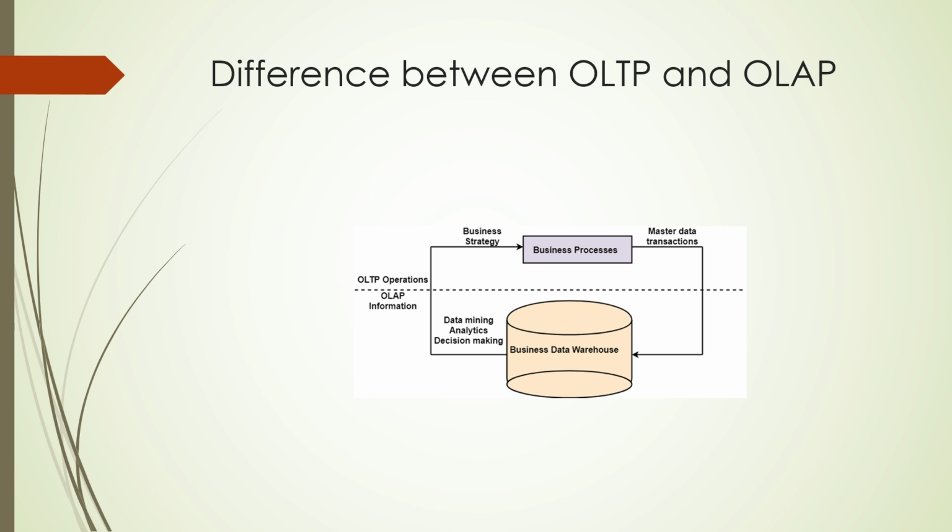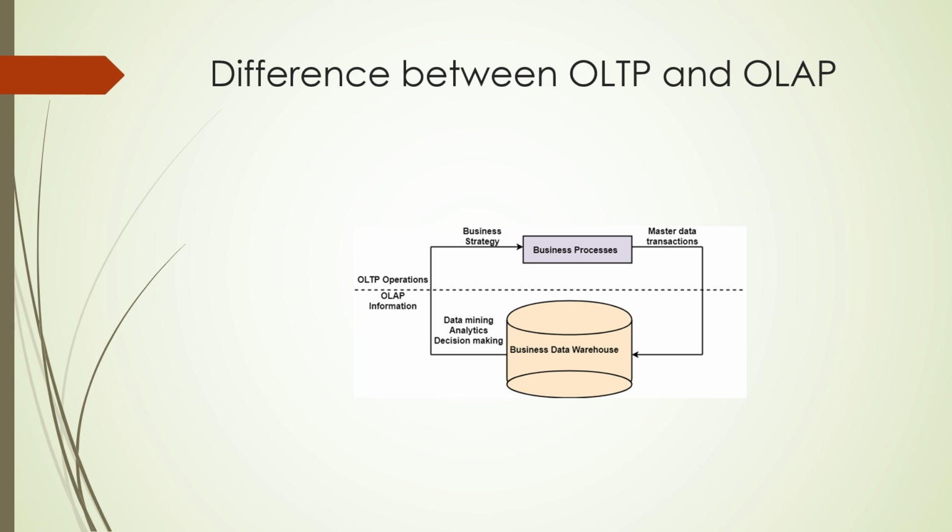But the OLAP system is not designed to deal with individual customer records. Instead, it includes queries that deal with much data at a time and provide summaries and information to the managers. OLAP applications include data stored in data warehouses that is extracted from many tables and possibly from more than one enterprise database.